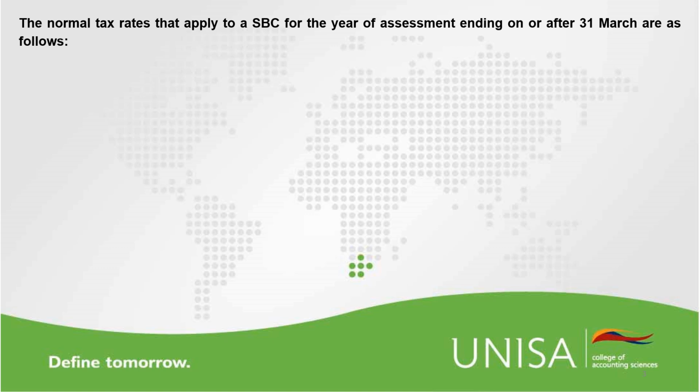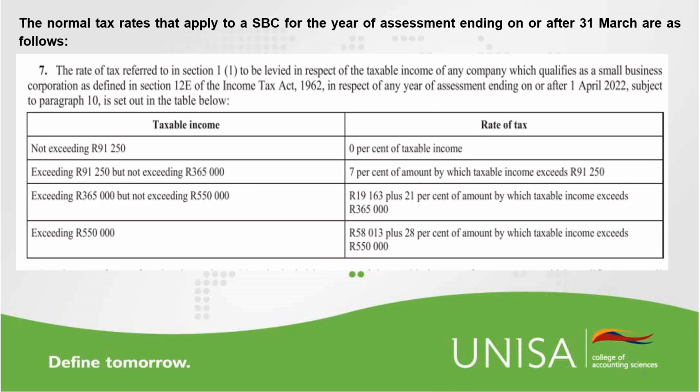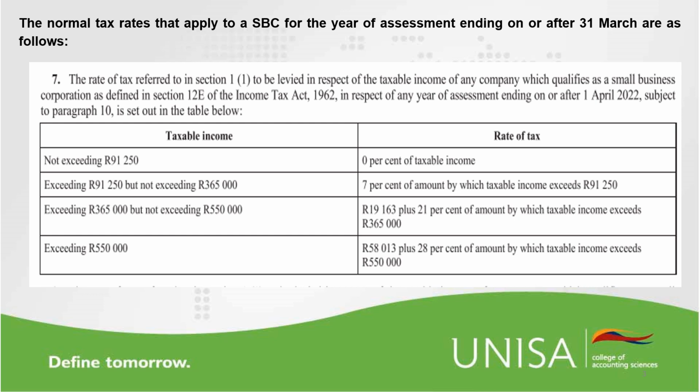The normal tax rates, which are amended on an annual basis, that apply to a small business corporation for the year of assessment ending on or after 31 March 2023, are set out in this table. As you can see, there are different tax rates for each separate tax bracket.